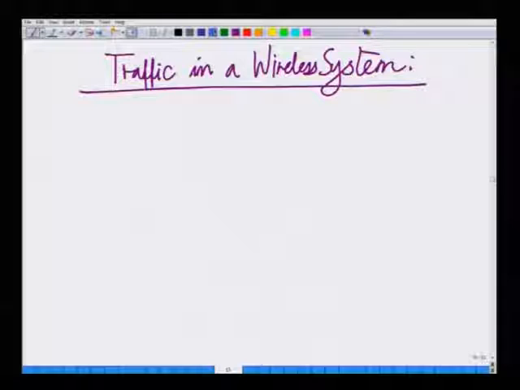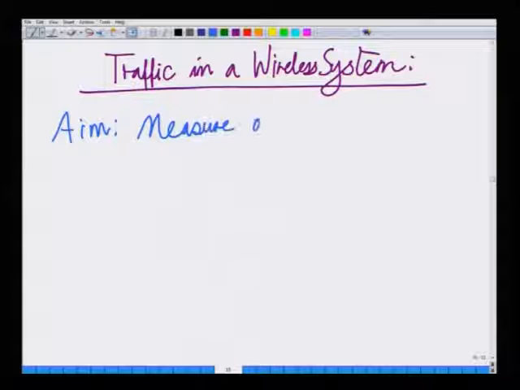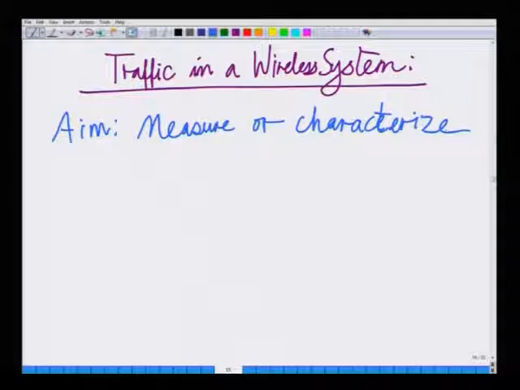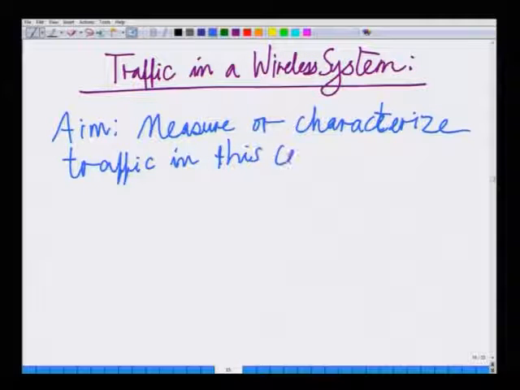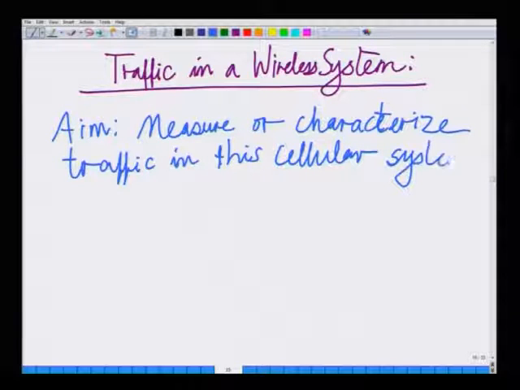Our aim is to measure or characterize the traffic in this cellular system.